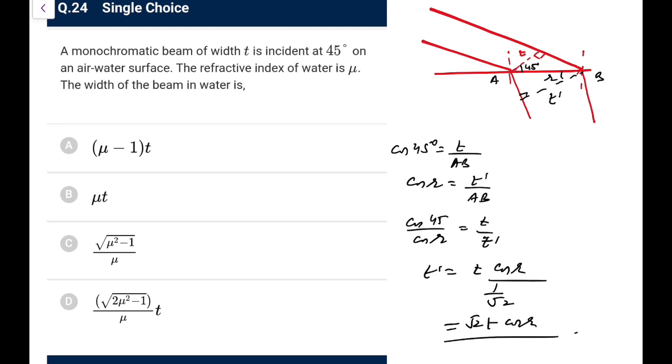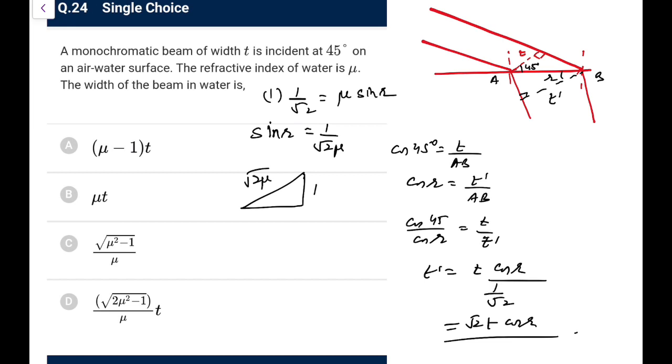Now by Snell's relation, we will have 1 into sin 45 is mu into sin r. So sin r is equal to 1 upon root 2 mu. So I draw the triangle, it would be 1, this is root 2 mu. So this would be under root of 2 mu squared minus 1, sorry, I made a mistake.